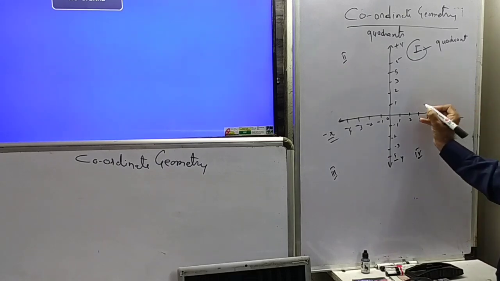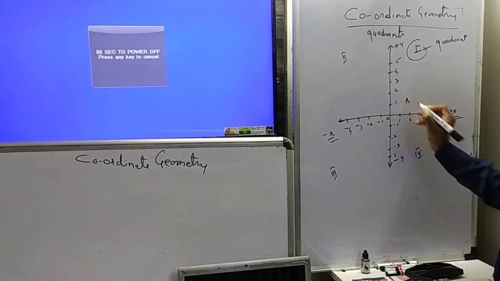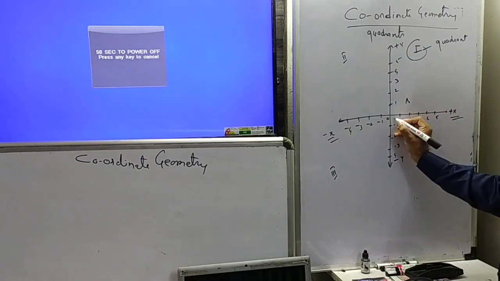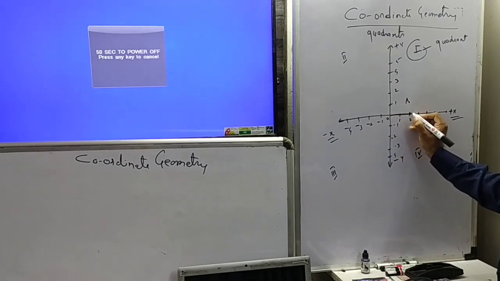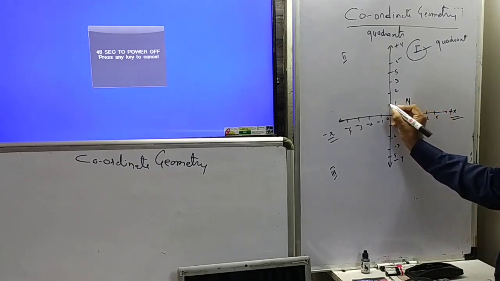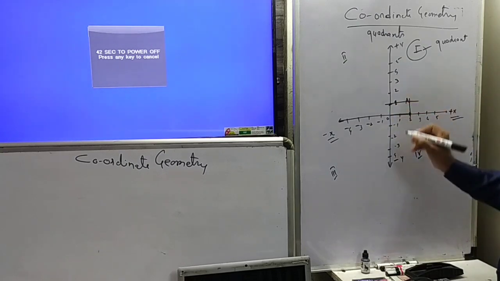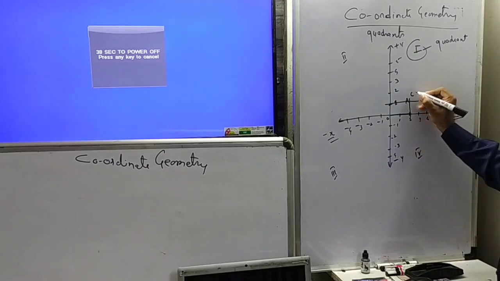Now suppose we want to represent this point A. For this point A, we have to move two places to the right on the x-axis and one place upward on the y-axis. So this is (2, 1).